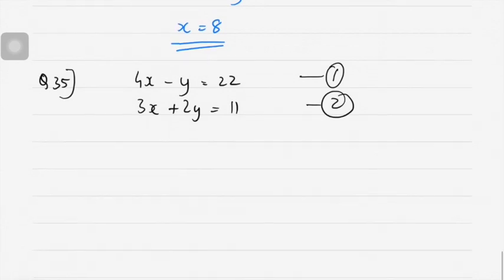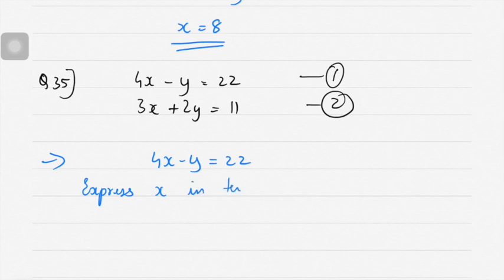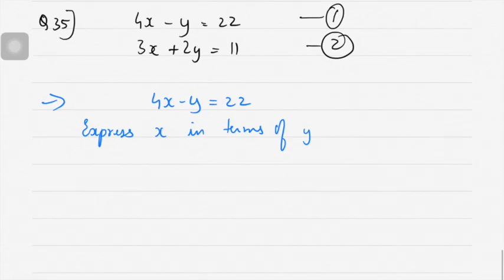These are the equations. I'll name them as equation 1 and equation 2. Okay, let's solve this. First, I'll take the first equation, which is 4x minus y is equal to 22. Then I will express x in terms of y.